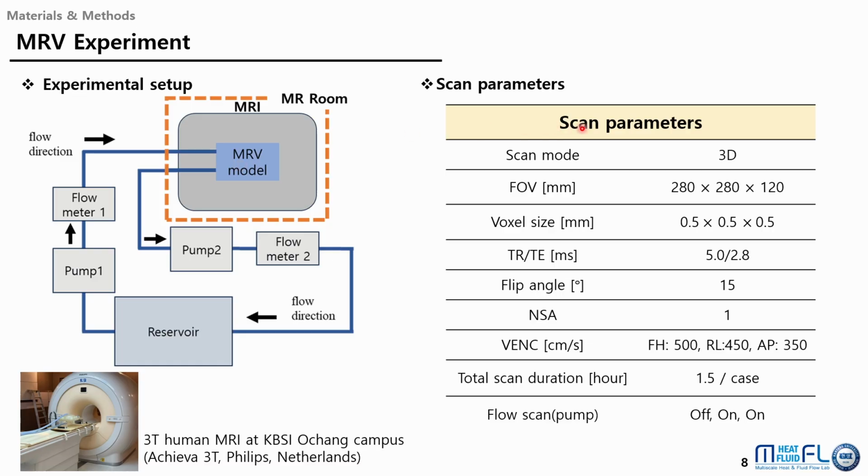We acquired 3D velocity data over a 280 by 280 by 120 millimeter field of view at 0.5 millimeter isotropic resolution. The total acquisition time was roughly 1.5 hours per case.